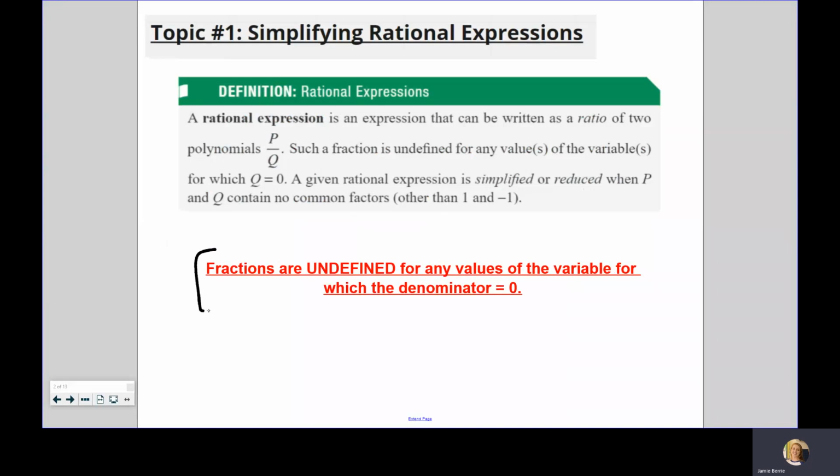But really, this is the most important part here that I wanted you to make sure that you understand: what the word undefined means in the context of fractions. So you'll be asked to find the values for which the rational expression is undefined. So make sure that you remember that means you're finding where the denominator is equal to 0, because we're not allowed to divide by 0. Right, so the whole reason that this exists is because we cannot divide by 0.